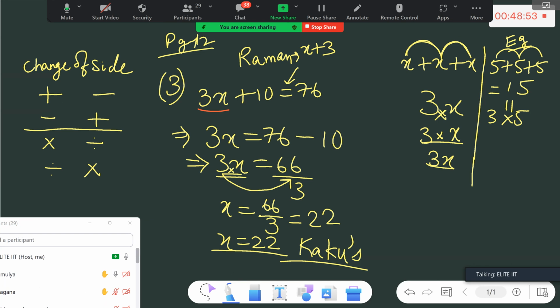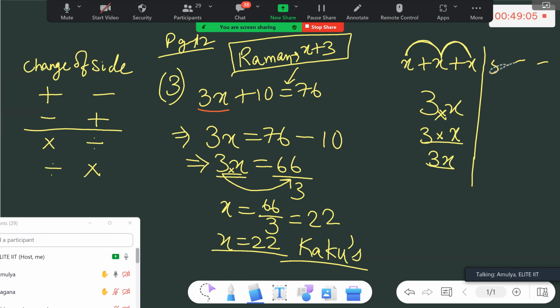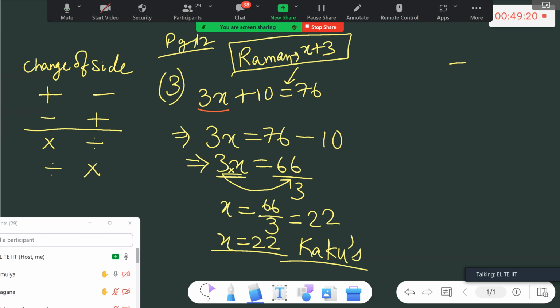Raman's marks is x plus 3. Earlier we took Kaku's marks x, Baksh's marks x plus 7 and Raman's marks x plus 3.